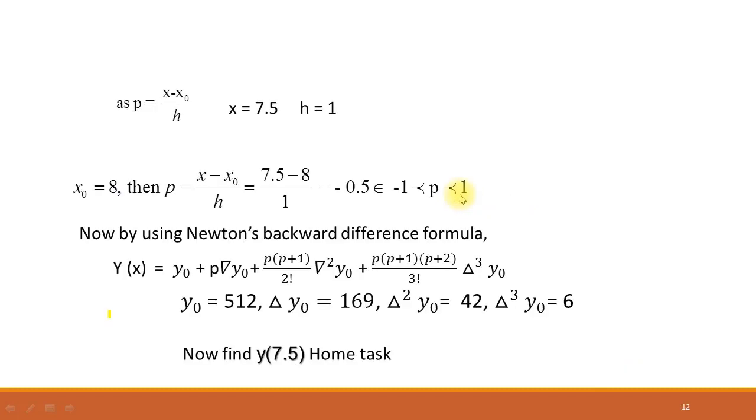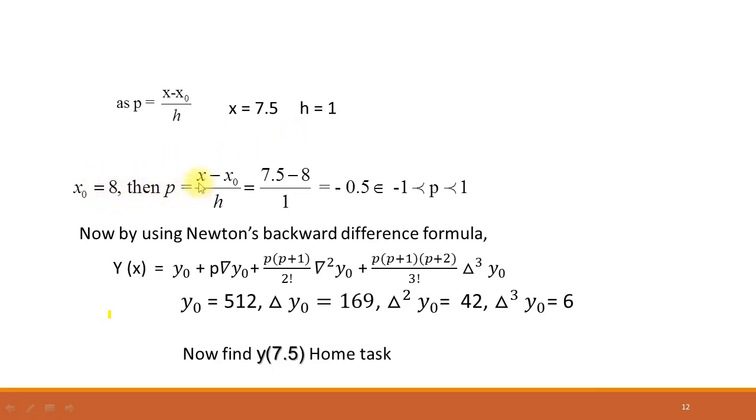Now, to find the value of p, target the value of x naught from the end of the table. Since it is given that x is equal to 7.5 and the step size between the domain values is 1, from the end of the table we consider x naught equal to 8.